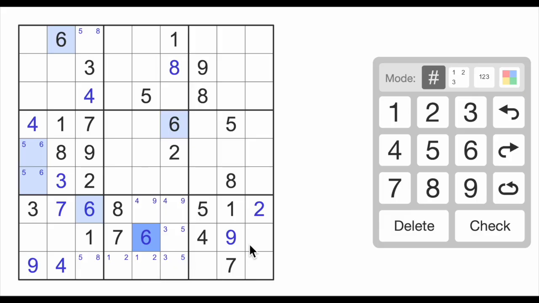Okay, let's move on. What would be the next step? Oh, I can place 8 on row 4 because this 8 blocks these. This 8 blocks here. So on row 4, 8 will be here.